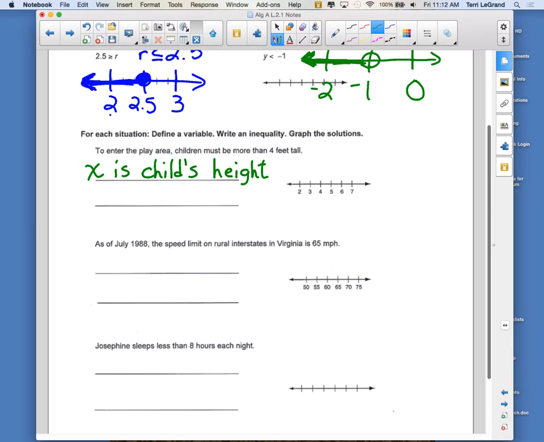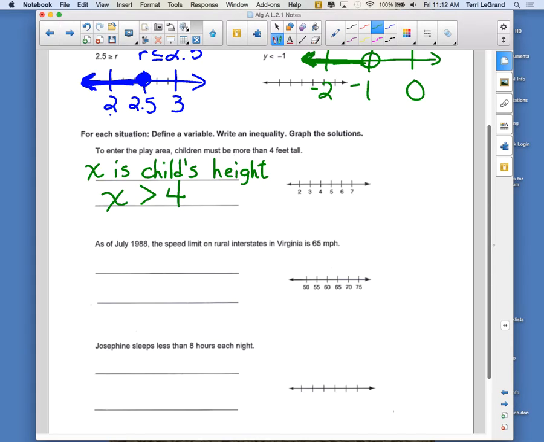What inequality statement could we represent to show which children's heights are allowed in this play area? I think it's always best to start with the variable if you can. The child's height must be what? 4. Okay, well then what symbol is going to go between there? Must be greater, so it should be this. The child's height must be greater than 4.